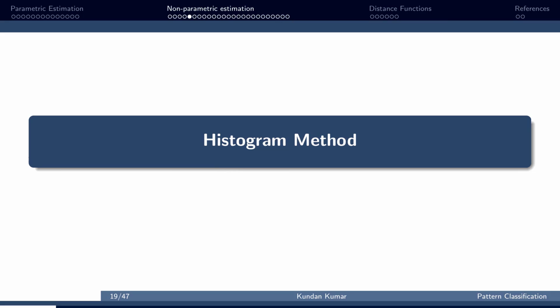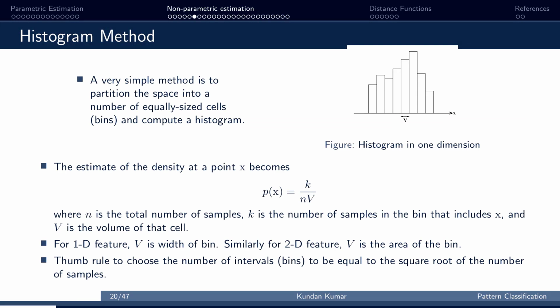So let us discuss the histogram-based method to estimate the density function, and this approach is a non-parametric parameter estimation technique. A very simple method is to partition the space into a number of equally sized cells or bins and compute a histogram.